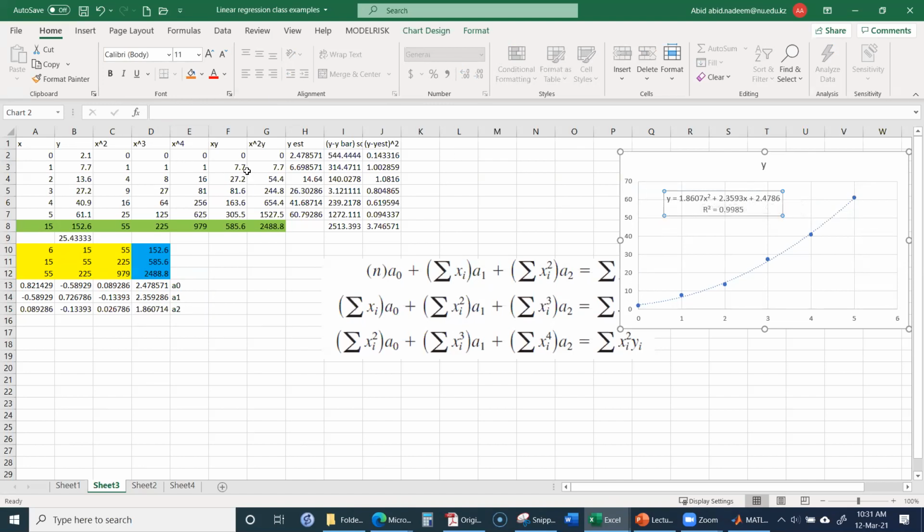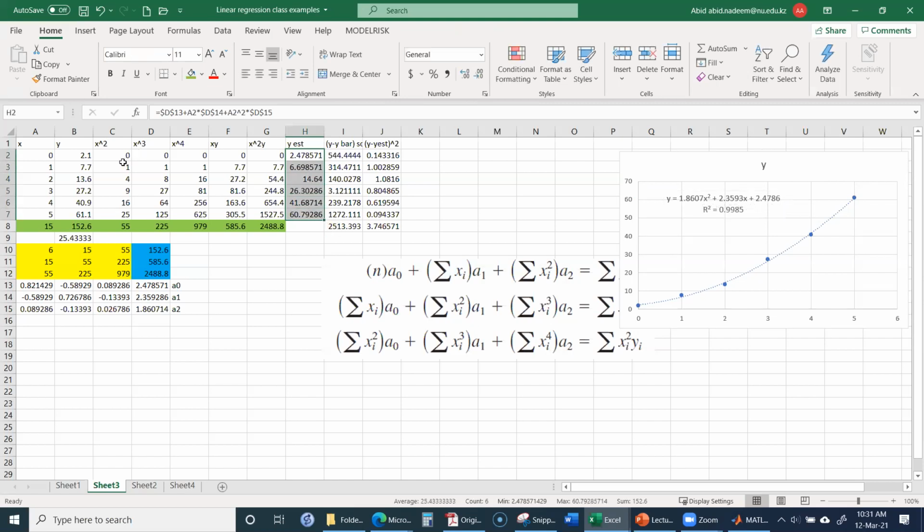Using this equation, I find the estimated value of y. The estimated value of y can be compared with the original value of y. So it is 2.1 and then 2.47, 7.7 and 6.769, 13.6 and then this.